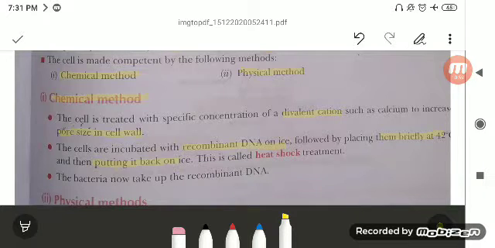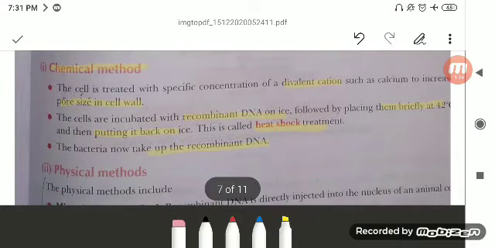This treatment is known as heat shock treatment, and the bacteria now take up the recombinant DNA.